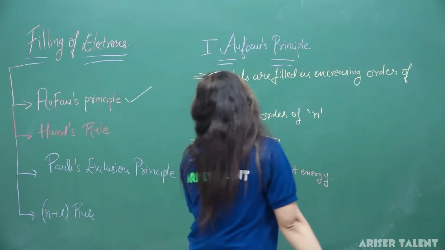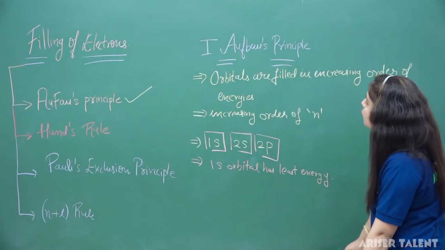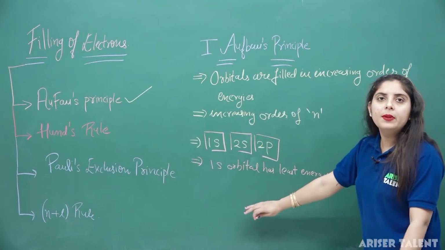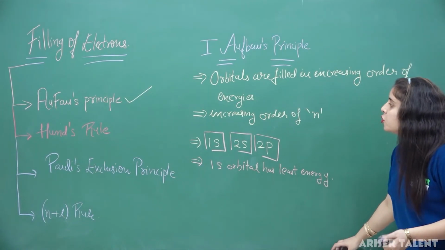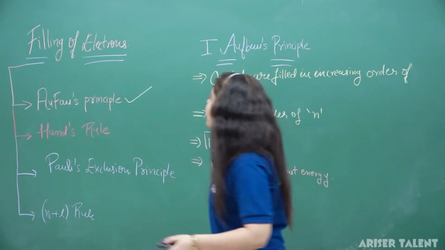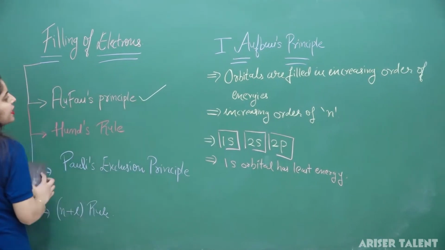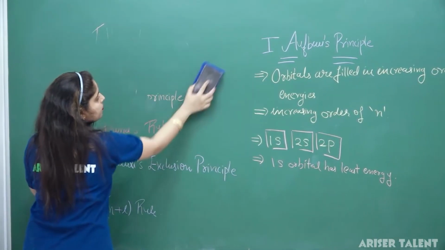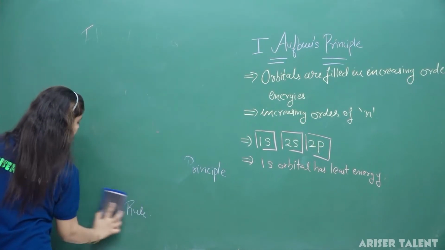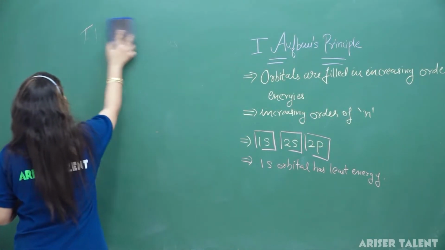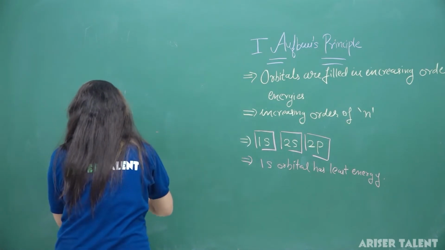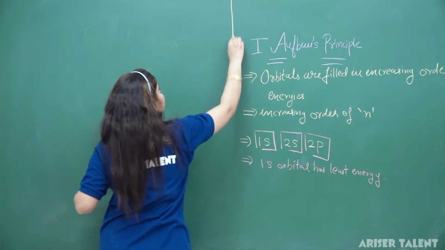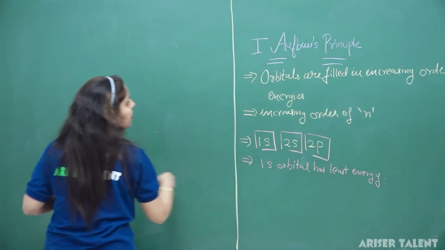So for the Aufbau principle, now we can conclude how the orbitals' energy order works. Here I am writing the diagrammatic representation for the Aufbau principle. It means filling of the orbitals will take place in the increasing order of their energy.